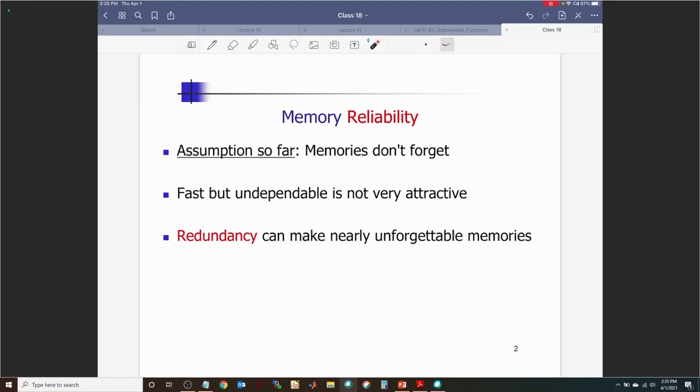So we have a memory hierarchy that we have been talking about, and so far we have assumed that everything is reliable, meaning everything that we write into the memory is going to stay there as is. It's not going to change with time, the memory is not going to forget. That's the assumption that we have been making.